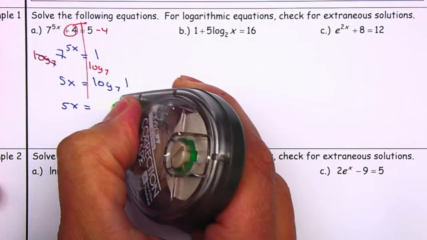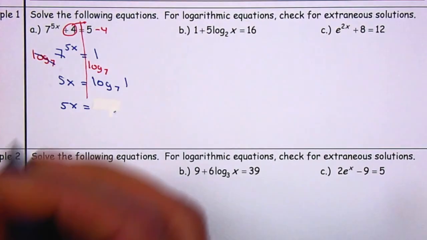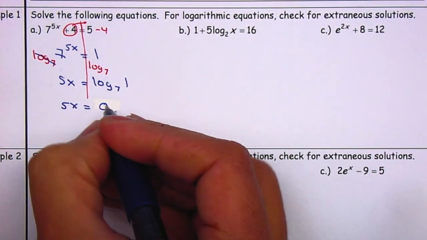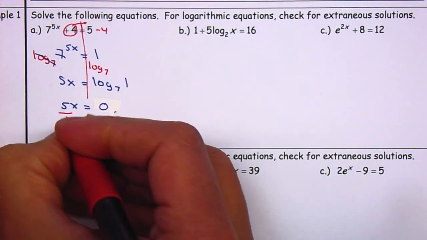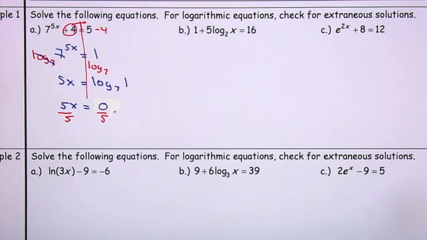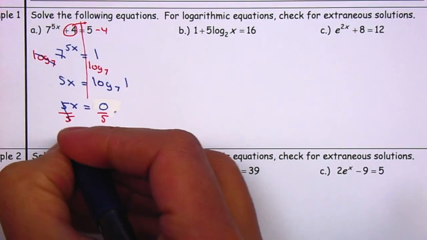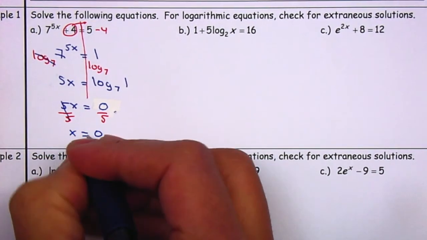So therefore, we have 5x is equal to 0. Then I divide by 5 on both sides. x is equal to 0.